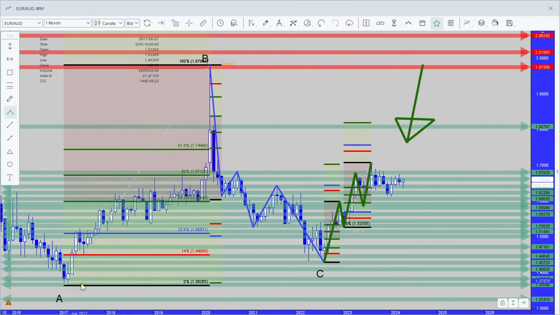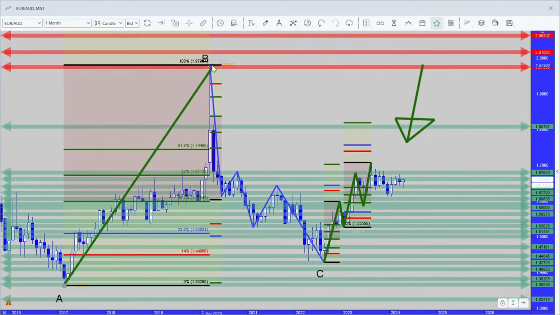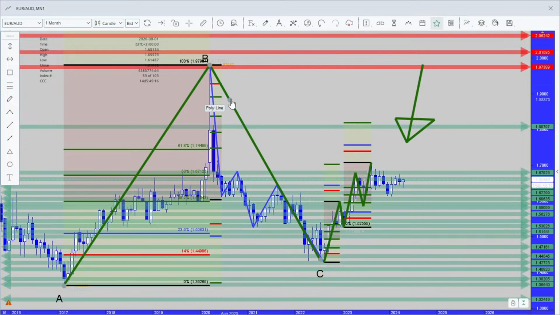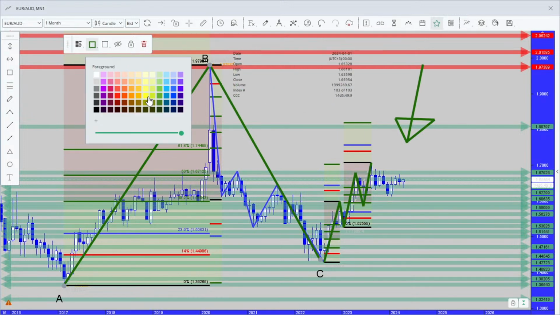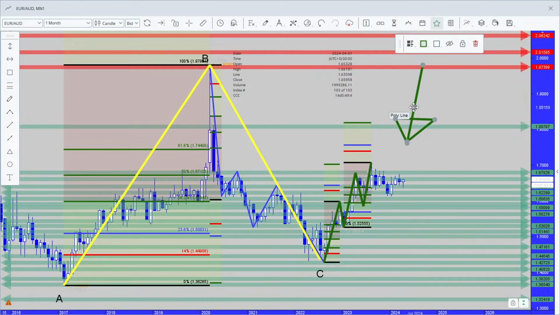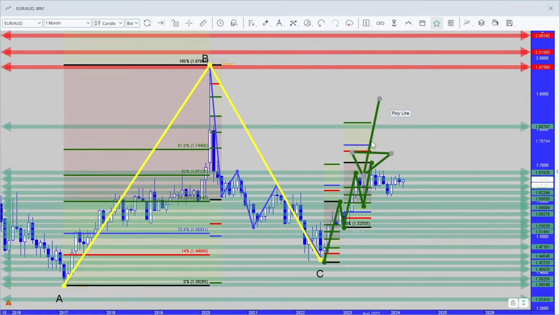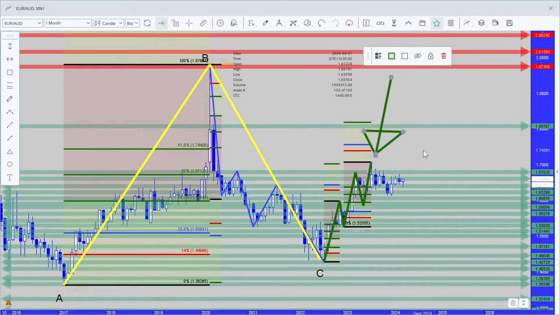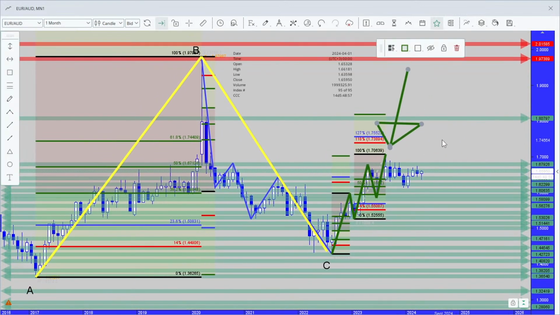So, A, B, C, if we have an up Fibonacci, and I need to get used to this one, alright. Sam, does this look like a retracement to you, the green one? Everybody, trading is a learnable skill when you learn in the correct way.